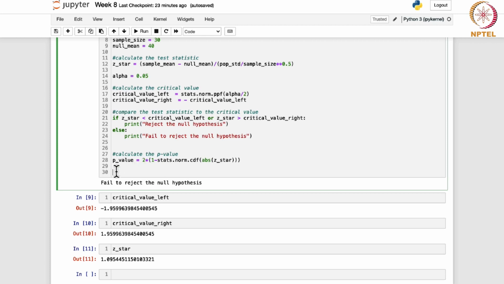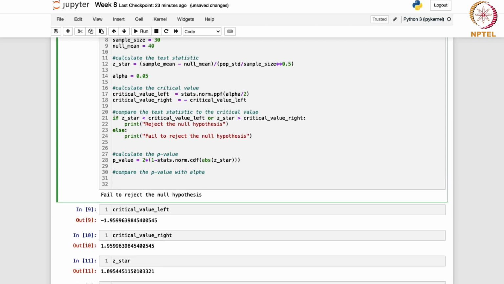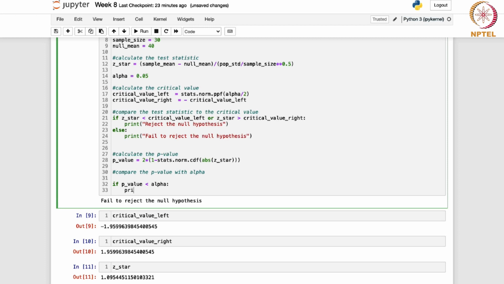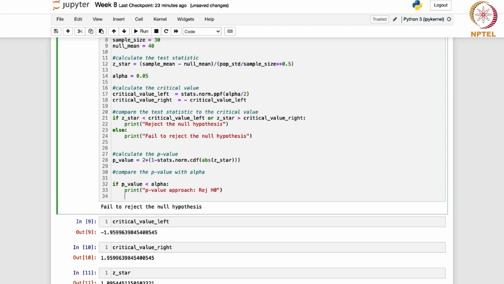And now you can compare the p-value with the alpha. So if p-value is less than alpha, you print, p-value approach, because just to distinguish between the two, reject H naught. Else, print, fail to reject H naught.